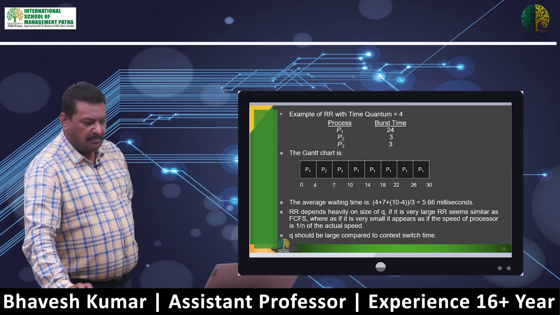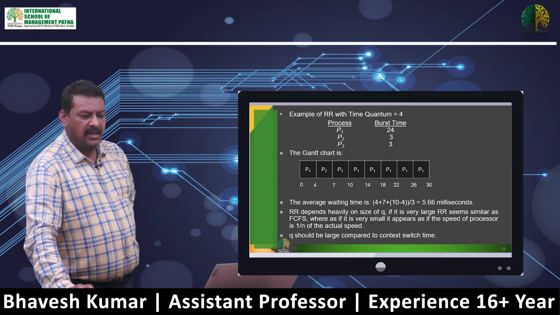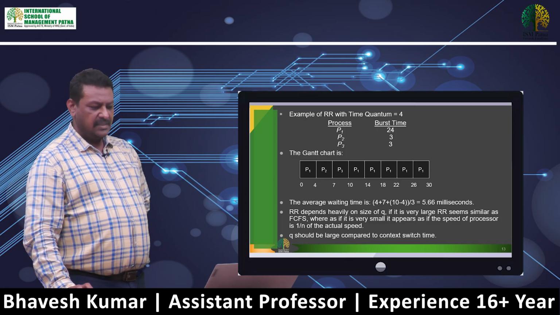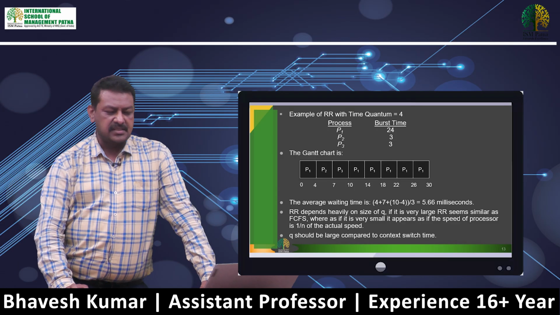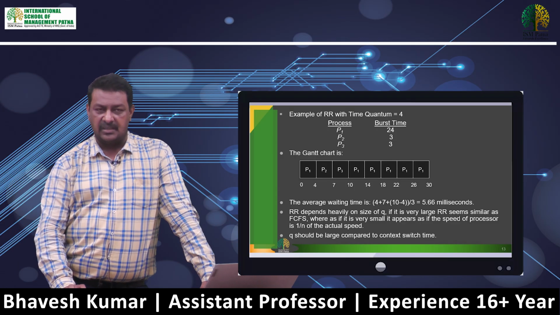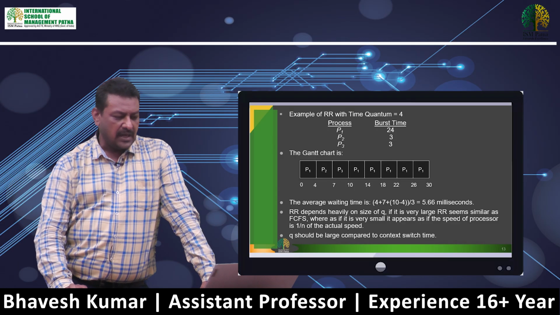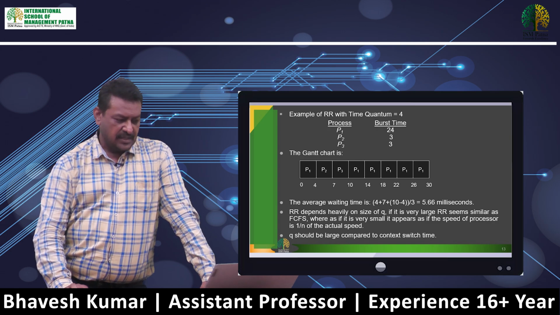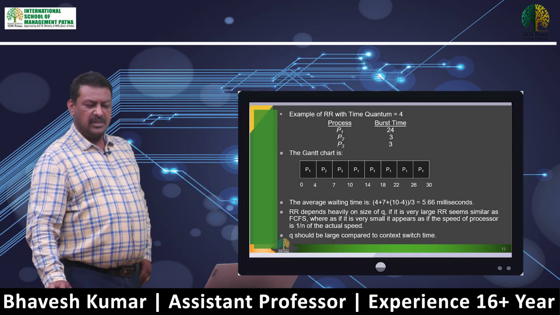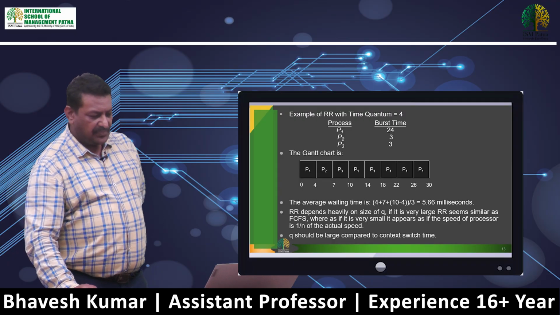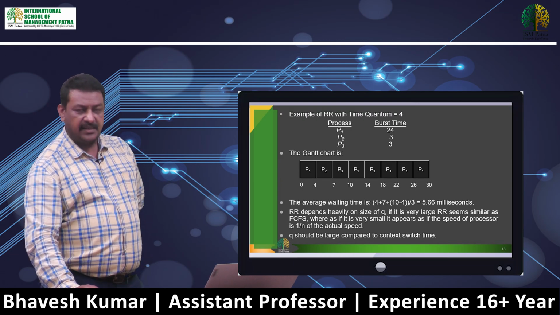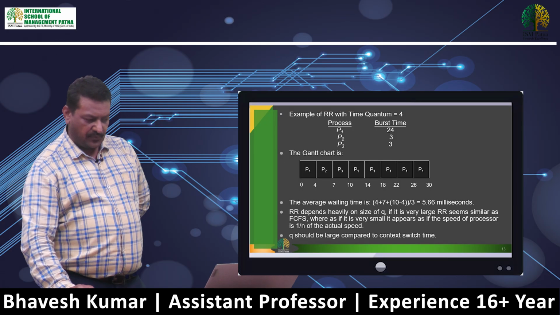So now the process which has the highest priority, in this case I have considered the least priority value as the highest priority. So 1 means highest priority, 5 means least priority. So P2 has the highest priority, P2 has the priority as 1. So first P2 was selected and got scheduled on the CPU for execution.